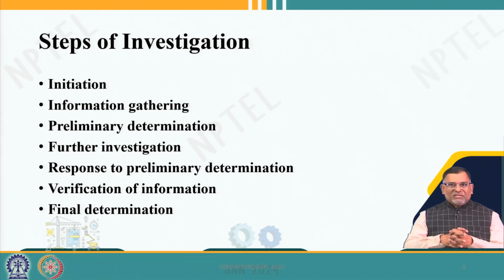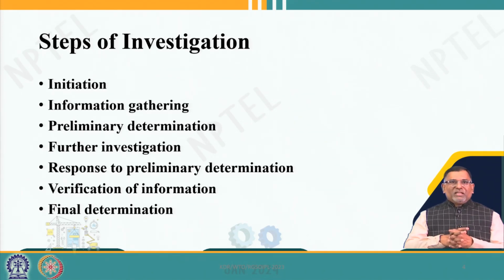So, I said an investigation is started with a written application from the domestic industry. Then the authorities will see whether the applicants really constitute the domestic industry, whether they have a locus standi. We will see who is permitted, who is eligible to submit an application.